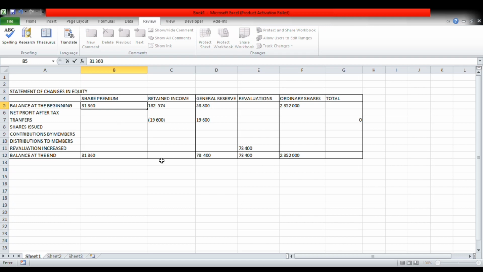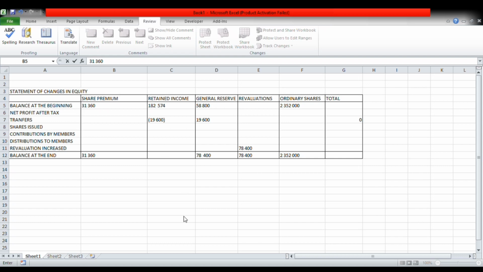Okay, so let's deal with the retained income. With the retained income, I forgot to mention the DOS. Remember, we were supposed to prepare the DOS, the dividends on ordinary shares.